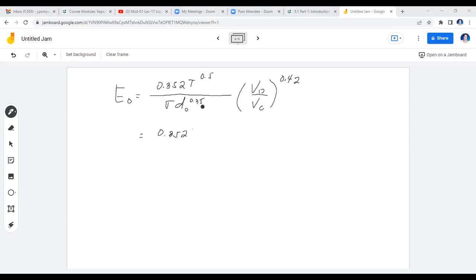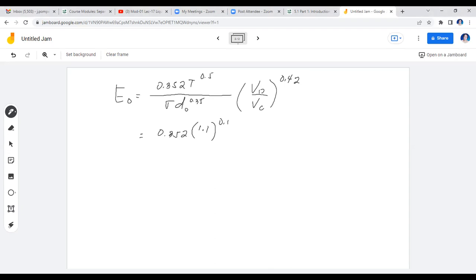Okay. Now, the tray spacing. What's the tray spacing in feet for our problem? Were you able to get it? 1.1. Yes, so it's 1.1 and it should be in feet. So if it's in feet, that's okay.